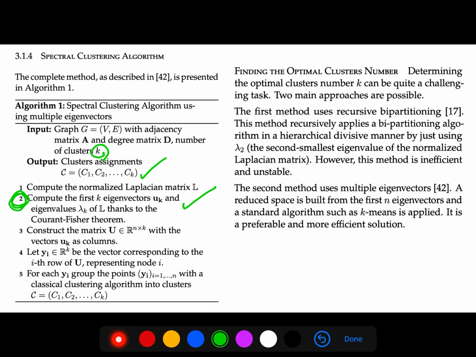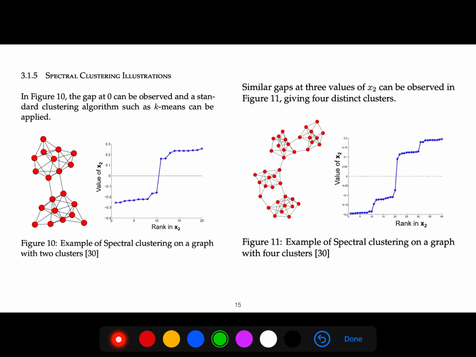Consider the matrix with the vectors as columns, and then they say let y sub i be the vector corresponding to the ith row. For each y sub i, group the points. So it's a very classical algorithm. And you see, this idea has been around for a long time. For a long time, mathematicians knew about this idea.